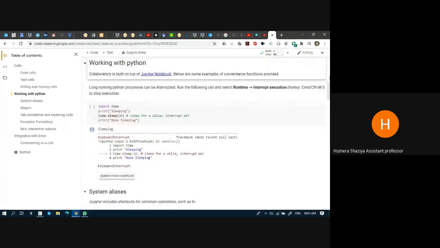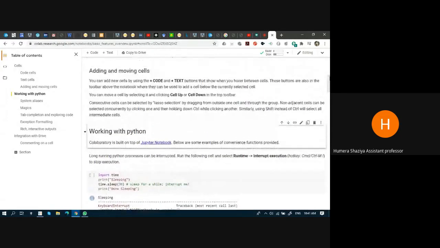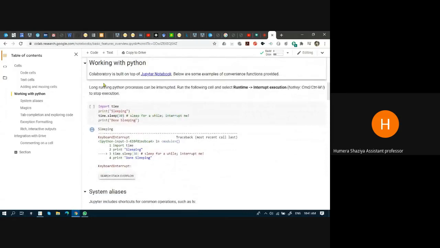Working with Python. Collaboratory has been built on top of Jupyter Notebook. If you have installed Anaconda, you get Jupyter Notebook. So this Collaboratory is a cloud on top of Jupyter. So the same functionality you observe here in Collaboratory.